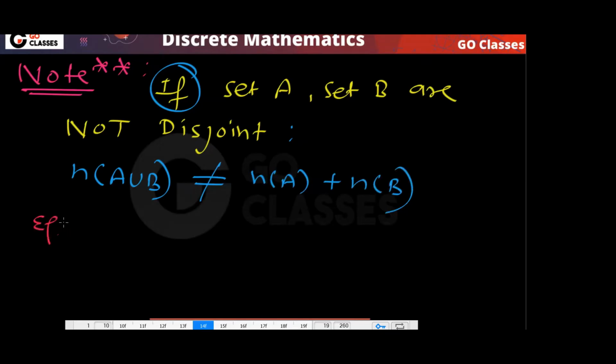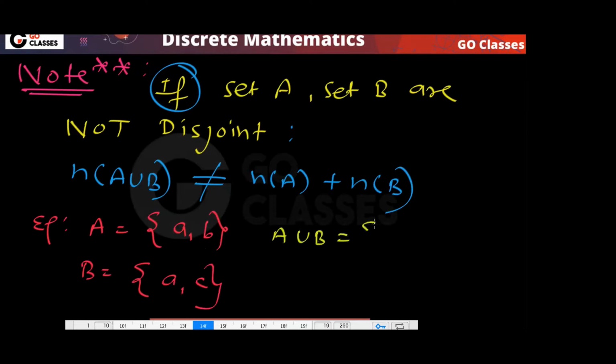For example, let's assume your set A has a, b, and let's assume your set B has a, c. Then tell me what is A union B here? Remember, they are not disjoint, because they have something common. This a is common.